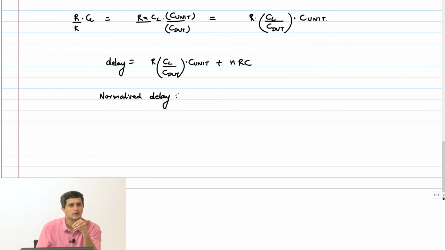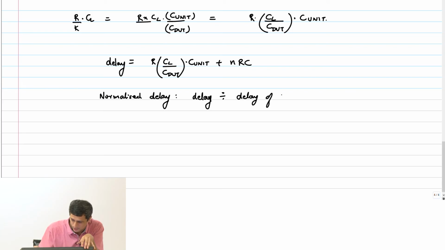So that's why we are going to normalize all the delays to the delay of the inverter. Normalized delay is delay divided by delay of a reference unit inverter.